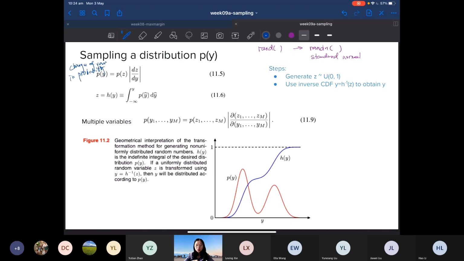Basically, if z is the uniformly distributed variable, and we can find a y equals to a function of z, then we can derive p of y as p of z, which is constant on a unit interval, times the absolute value of the partial derivative of z given y, right?